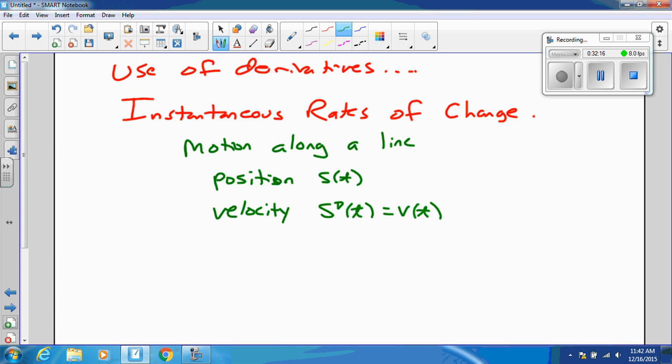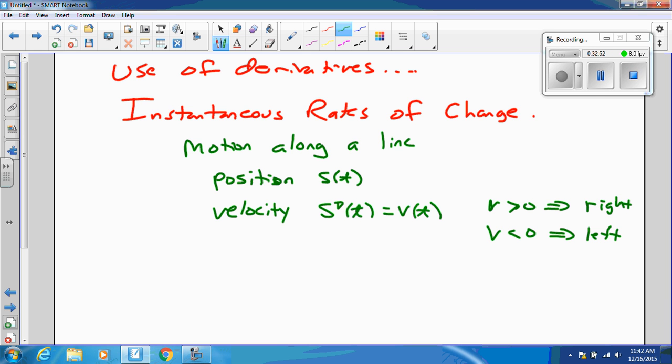And because this is the instantaneous rate of change, the velocity tells me some things about the motion of the particle. If my velocity is positive, that tells me that my particle is moving how? To the right or up, right? And if my velocity is negative, then my particle is moving left or down.